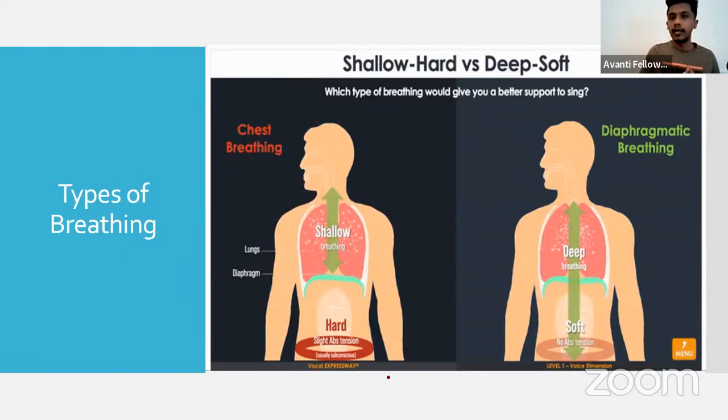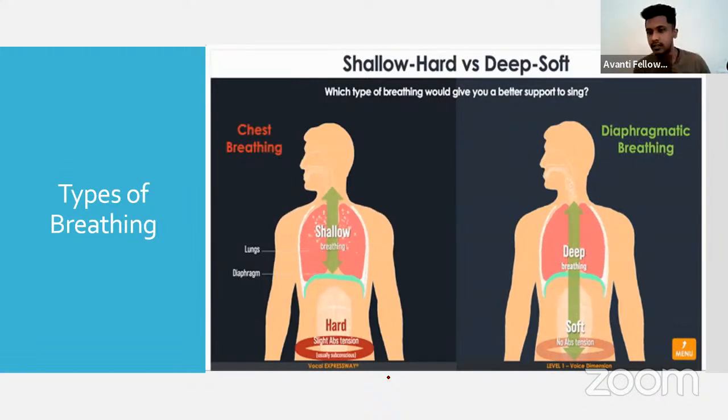This is also called chest breathing, where you are having a very little intake of air into your lungs. Whereas the opposite type is called diaphragm breathing, or deep and soft breathing. In deep and soft breathing, a very high volume of air is taken in, and there will be expiration happening.